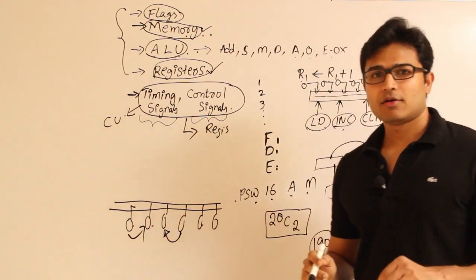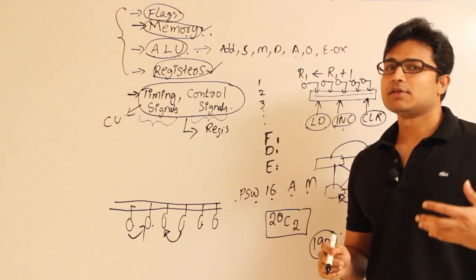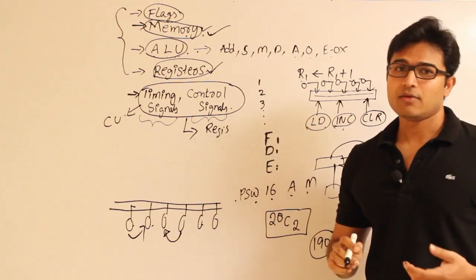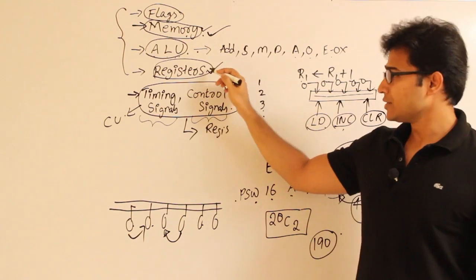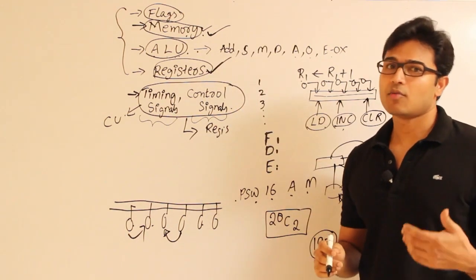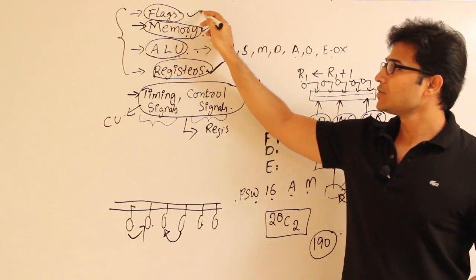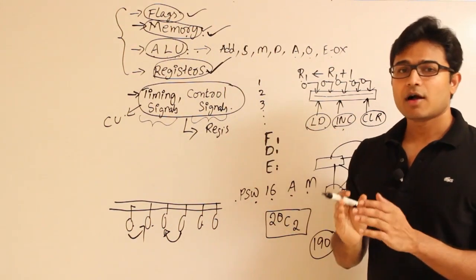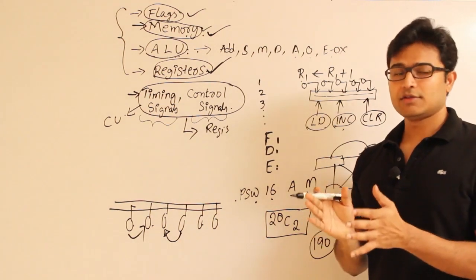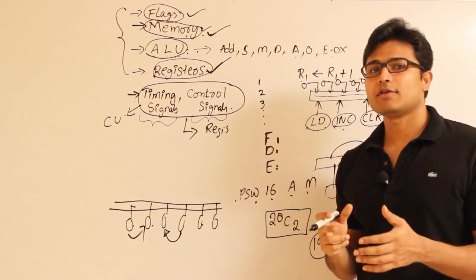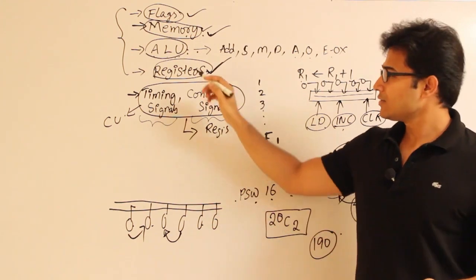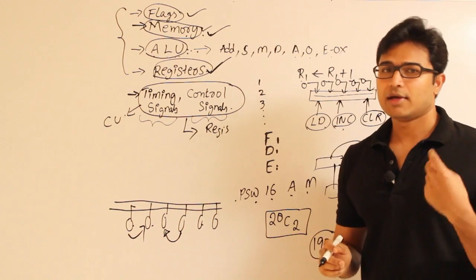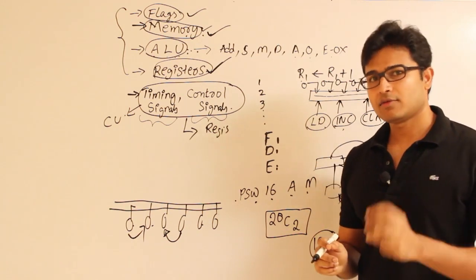Got it? The part where instructions and data are stored is called memory, and for temporary purposes we are going to have registers. It is also a form of memory. And then flags are nothing but simply flip-flops, and the ALU is the part of the hardware which is going to perform the arithmetic and logic operations. We have seen all of them: comparators we have seen in digital, adder we have seen, and we have implemented a subtractor for that.